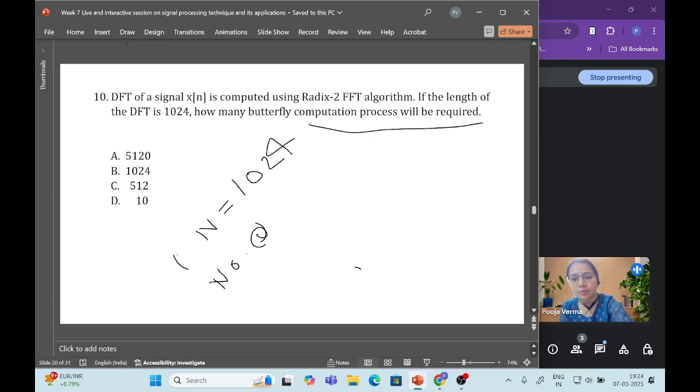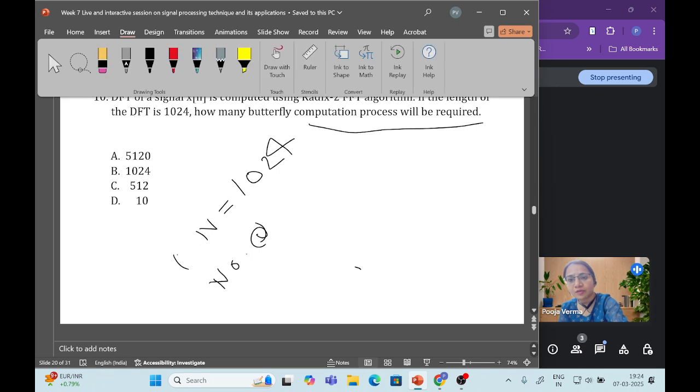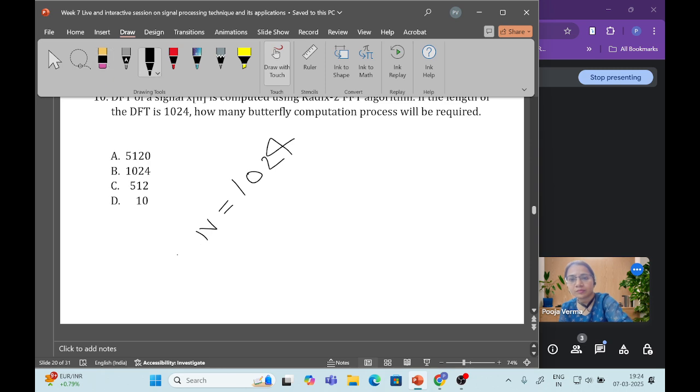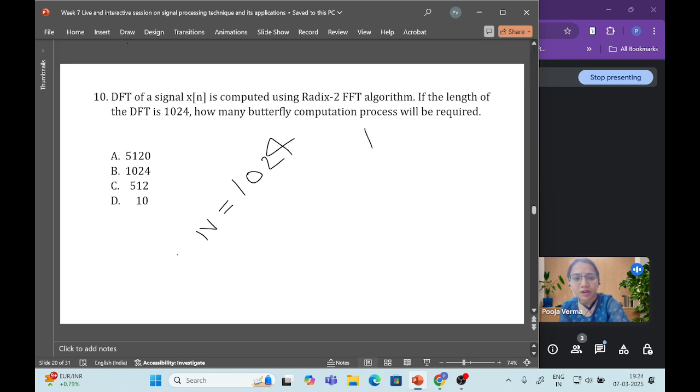So the total number of butterfly computations required for this process, there is one formula for the radix algorithm, that is N by 2 into n.